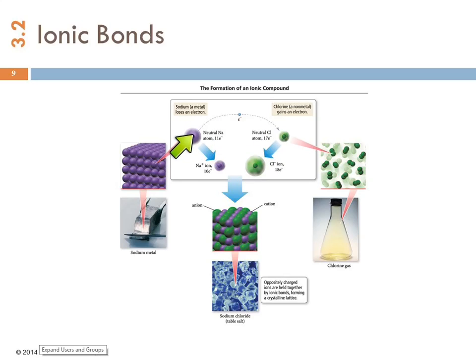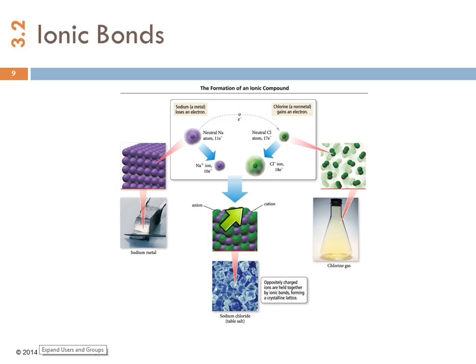What happens is that sodium will tend to lose an electron, becoming a sodium ion. That electron will be transferred to the chlorine atom. By gaining one electron, it becomes an anion. Now it has a negative charge, the sodium has a positive charge, and they are attracted to each other. Essentially, they stick together.